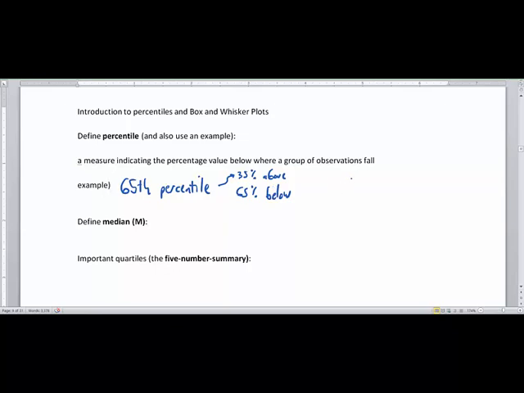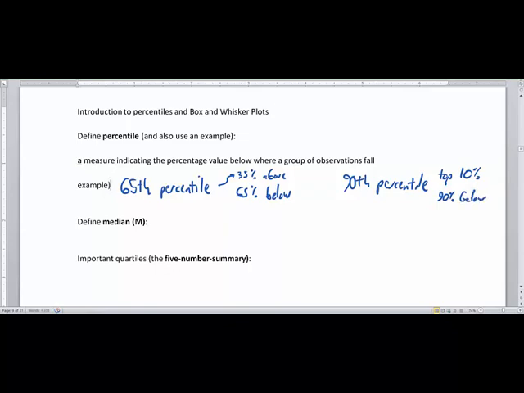So that's a neat little example to write down too. If you were in the 90th percentile, then you would be in the top 10% because only 10% would be above you, and there's 90% below.